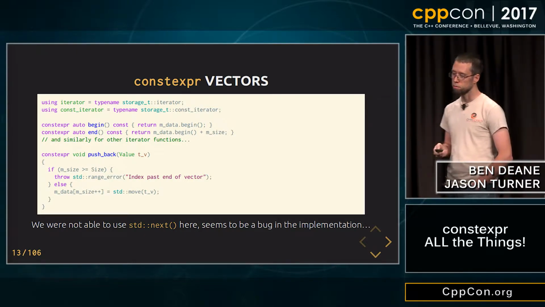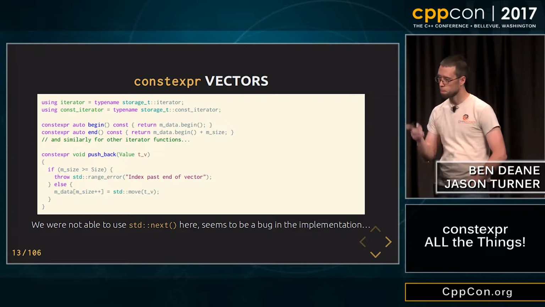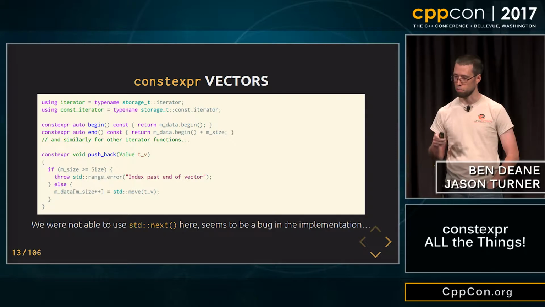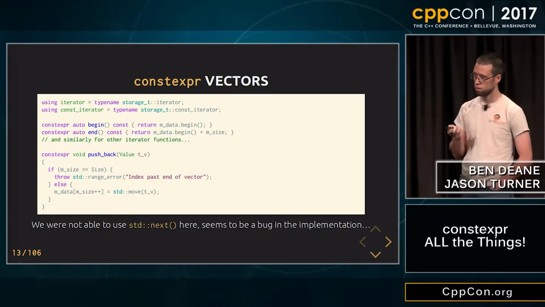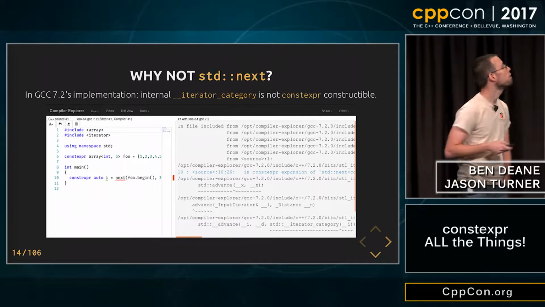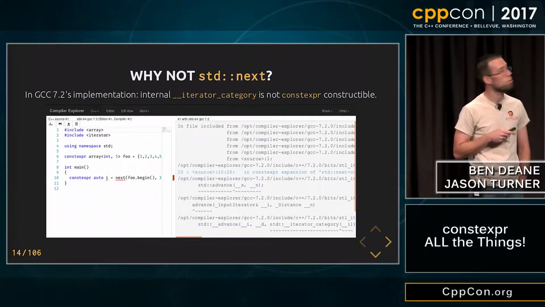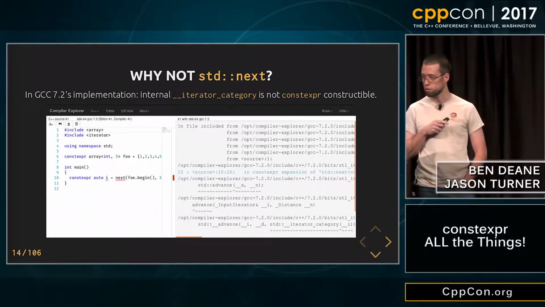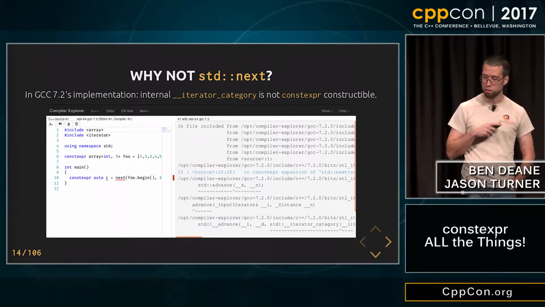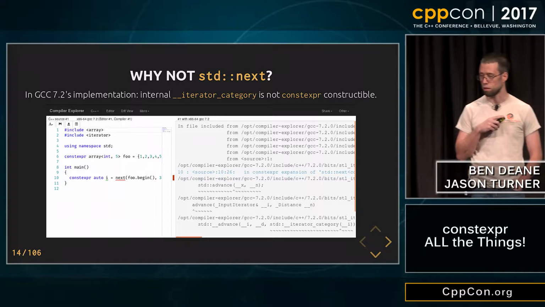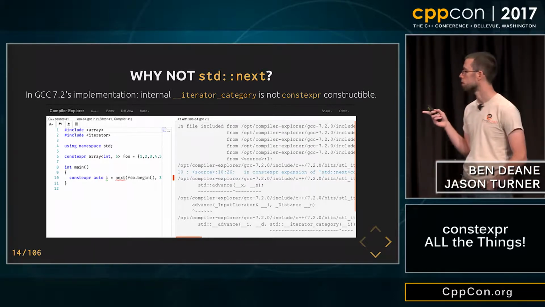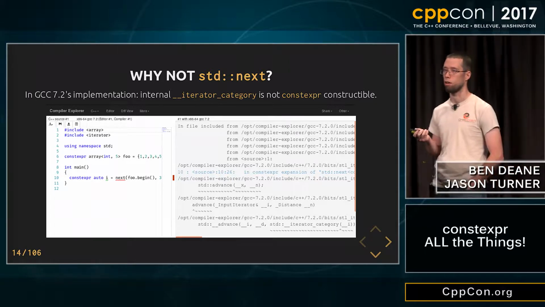Also, it's interesting to note here that we were not able to use standard next for incrementing here. So we can see, using this little tool that some of you may have heard of before, Compiler Explorer, that there's a bug in GCC 7.2's implementation of standard next that it's unable to increment because of its iterator category.